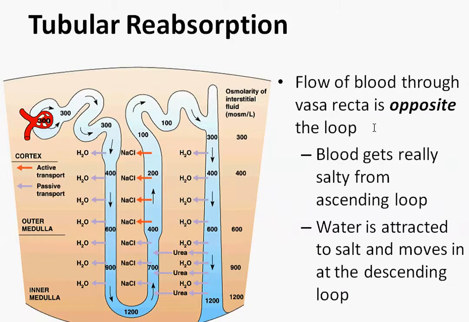Something here that I'm really not going to worry too much about is the capillaries that are surrounding the loop, the vasa recta, moving in the opposite direction of the loop. The blood flows the opposite direction, not really a big deal, but again, this has to do with the reabsorption of water and salt, allowing for the concentration or dilution of urine, which takes place here at the loop of Henle.